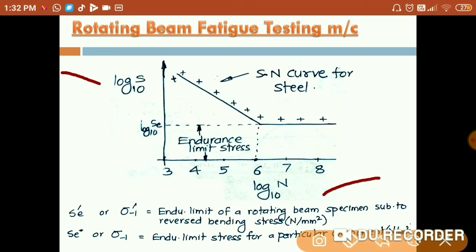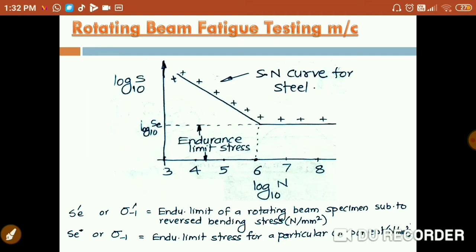For ferrous material like steel, the SN curve becomes an asymptote at 10 raised to power 6 cycles, which indicates the stress level corresponding to an infinite number of stress cycles. The magnitude of this stress is called the endurance strength of the material, designated by Se. You can see it shown here. Se dash is the endurance limit of a rotating beam specimen subjected to reverse bending stress.